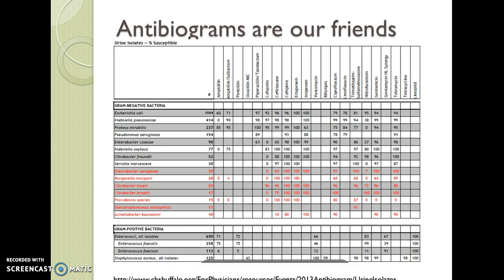So although providers may say, oh, I always use Bactrim, or even ciprofloxacin, which is very commonly used and not necessary for a minor infection, you'll see that it has a very low amount of susceptibility in this particular population, probably because it's been overused. So you use this to guide you because it will change over time, and in certain communities, that situation will reverse.